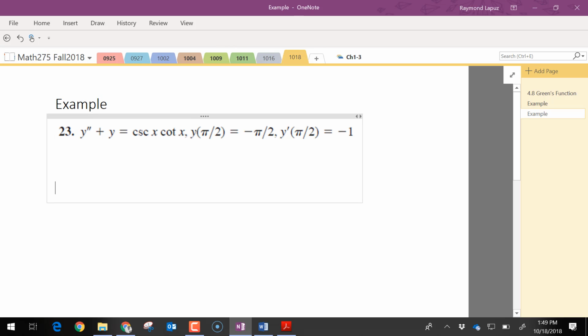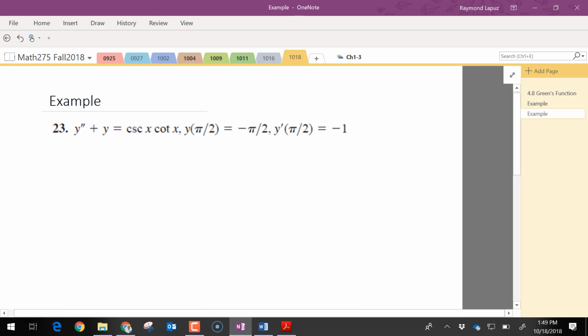All right, let's see if we can fly through this. We might as well try to find our y sub h from the beginning, right? Let's see if we could do that. So the homogeneous portion of the thing is, if you do this in your head, m squared plus 1.